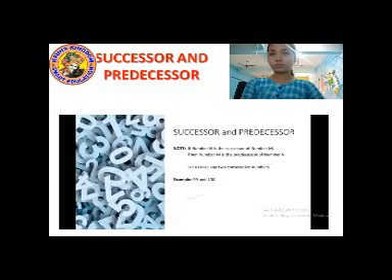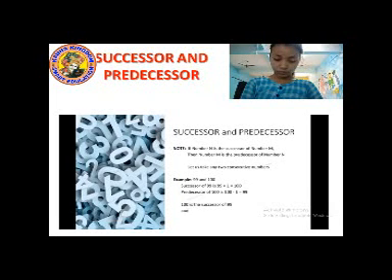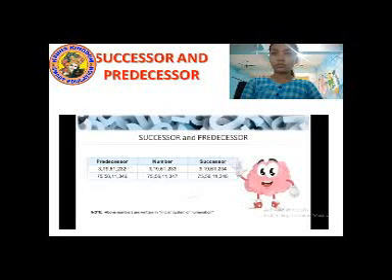Successor of 99 is 99 plus 1, which is 100. Predecessor of 100 is 100 minus 1, which is 99. So, 100 is successor of 99 and 99 is the predecessor of 100. So, this is how you can find predecessor and successor of any given number.